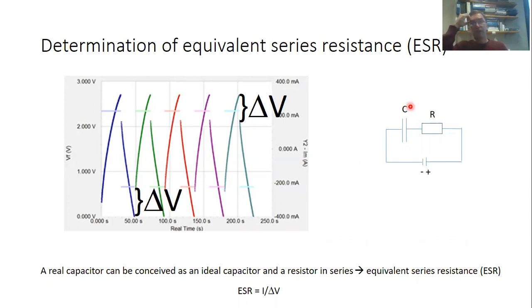All right, so now we can easily determine that equivalent series resistance from the so-called IR drop of the galvanostatic charge and discharge curve.